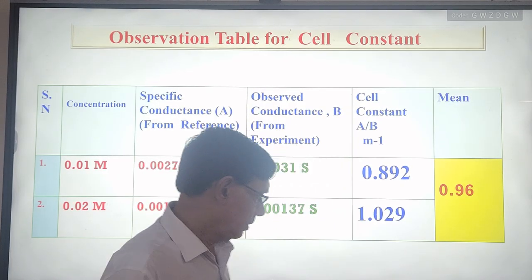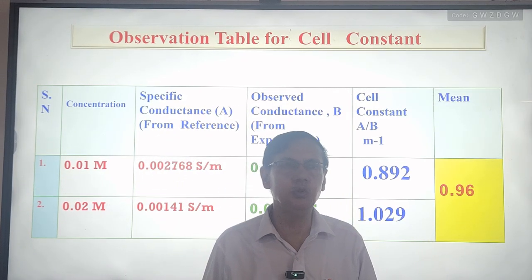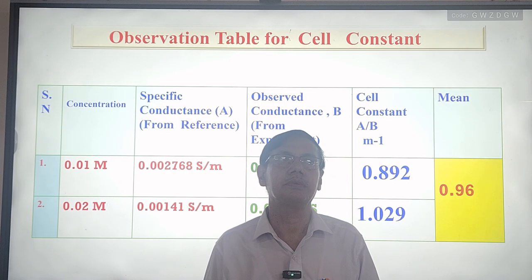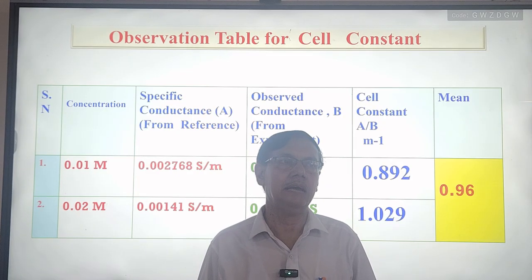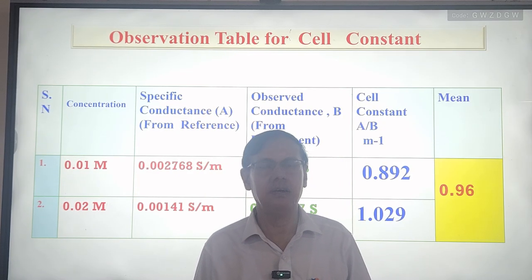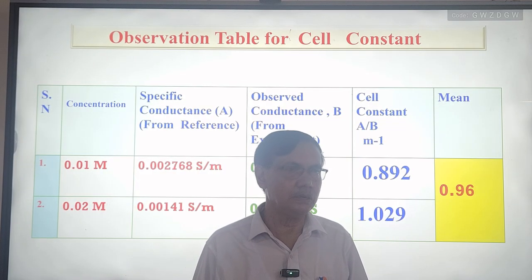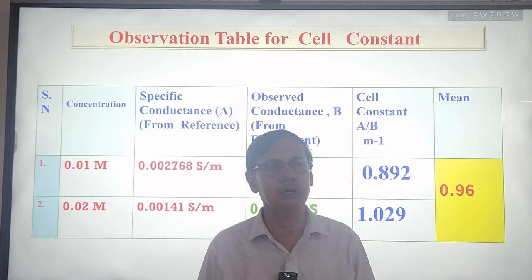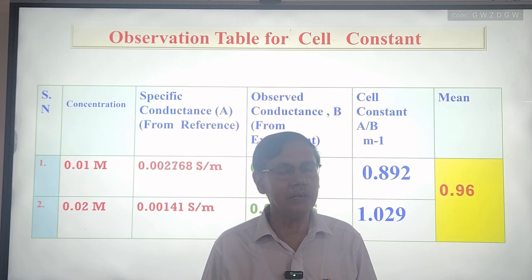Now I am worrying about the use of triple distilled water. As I told in my first lecture, whenever you perform any conductometric experiment, the observed conductance of that triple distilled water or double distilled water must be less than 1 microsiemens.